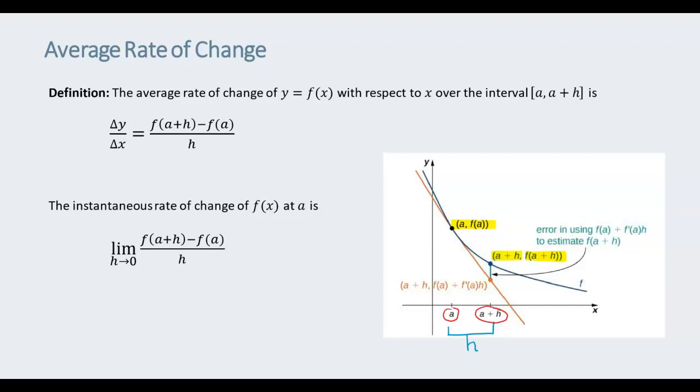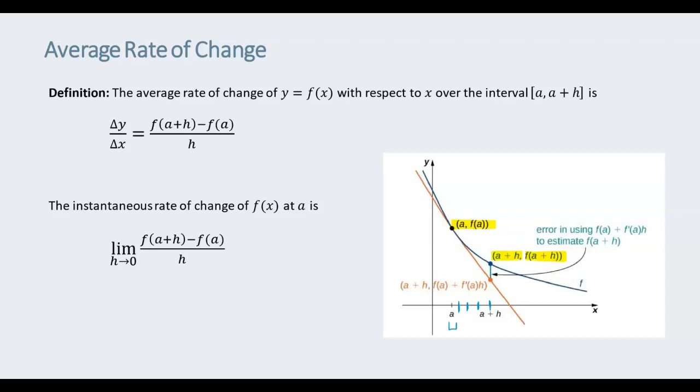This is the more formal way that we talk about slope in calculus, extending from those x and y variables that we had on the slide before. And what we're eventually going to be doing is taking this distance h and moving it closer and closer to that original point A. Instead of having it where it started here, we're going to maybe move it here, and then maybe here, maybe here.